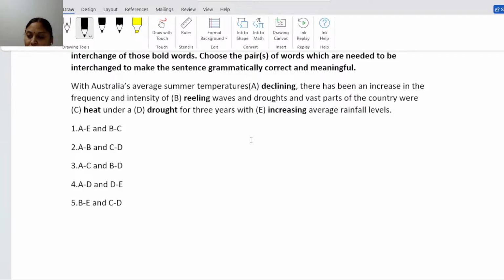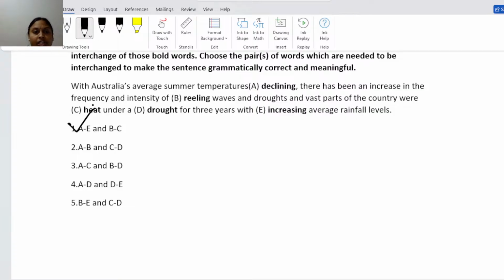So here, what will be the answer we are supposed to see? Here we are supposed to take this one as the correct answer.